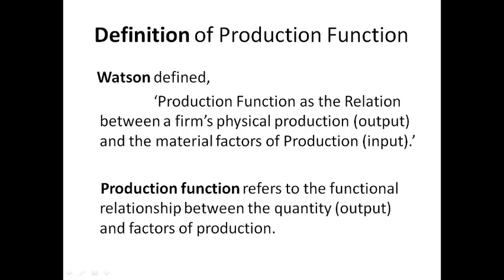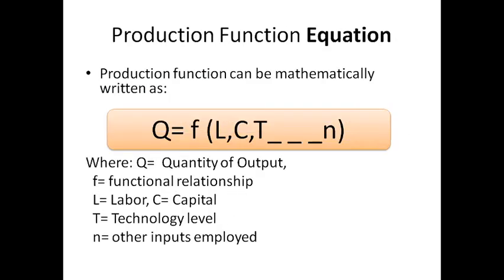Production function can be mathematically written as Q = f(L, C, T, S, N), where Q is quantity of output, f is the functional relationship between input and output, L is labor, C is capital, T is technology level and N is other inputs employed.